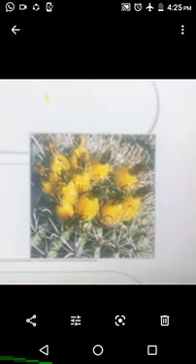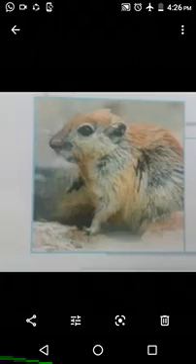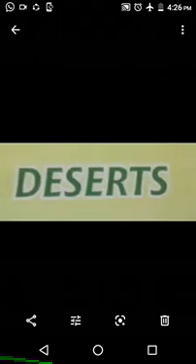Then we'll be discussing fish hook cactus, fat sand rat, fennec fox, and the camel, which is called the ship of the desert. One by one we'll be briefing them.